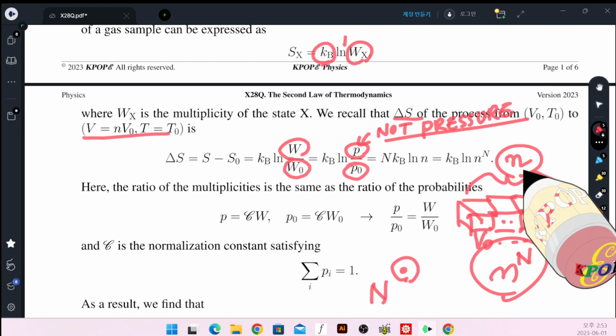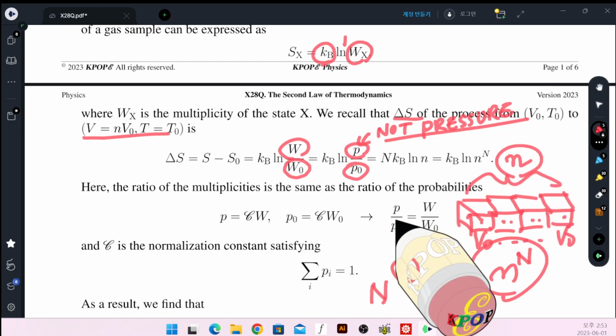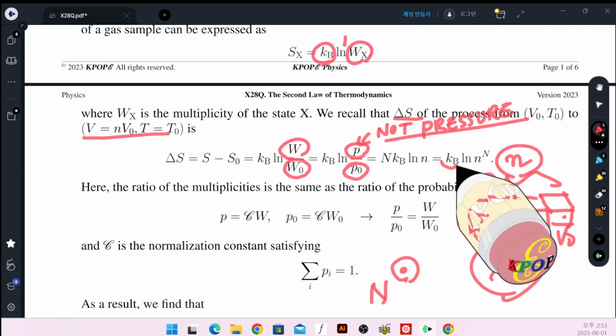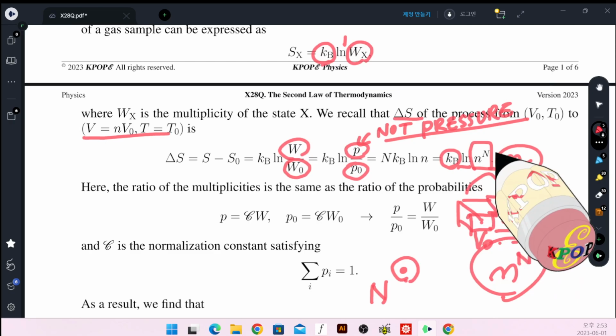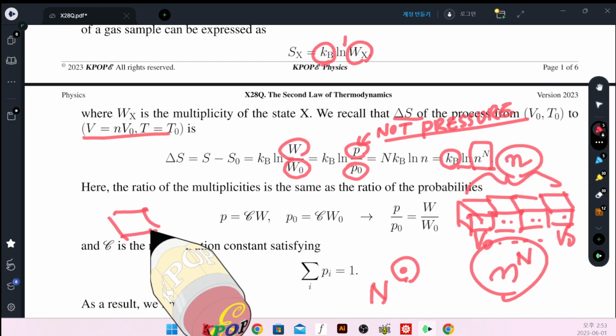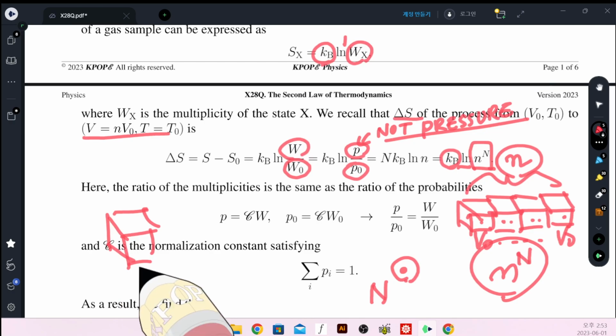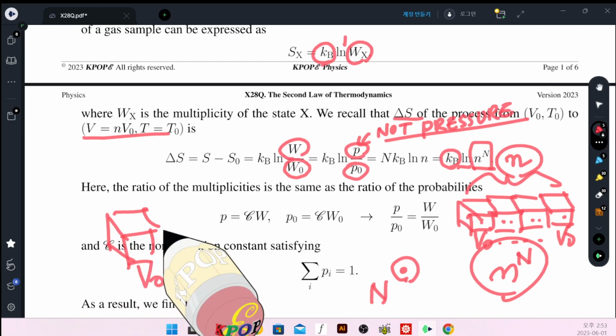Number of beams is small n. As a result, we find that this probability is kB log multiplicity in comparison with the initial state that has only a single beam available.